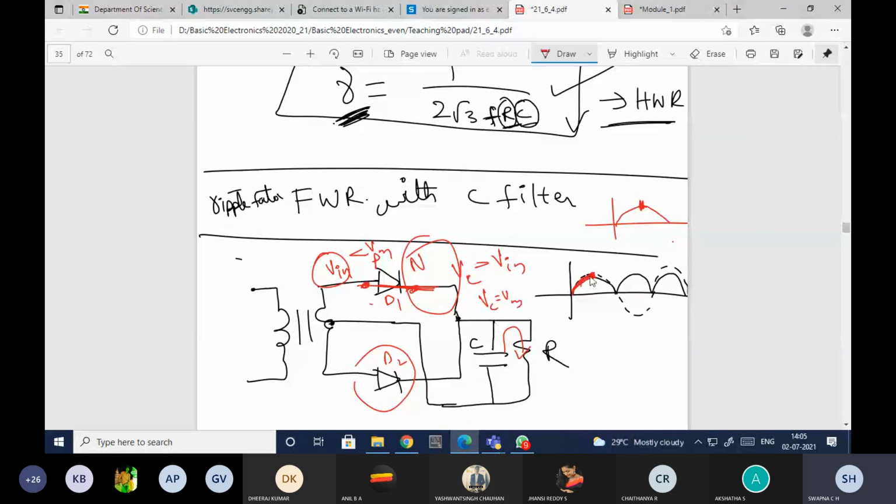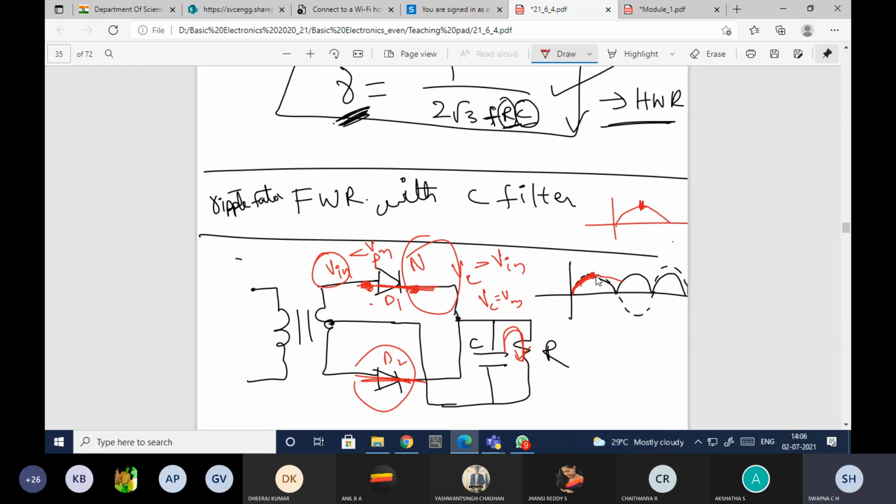Here the VC voltage will be greater than the VIN voltage, because of which the diode will be open circuited. So the diode is open, this side also is open, and this side also is open, so it will start discharging. For the negative half cycle, this diode D2 will be forward biased and this will be open.